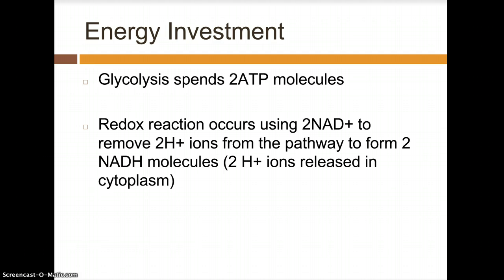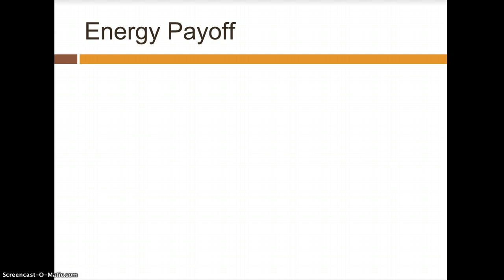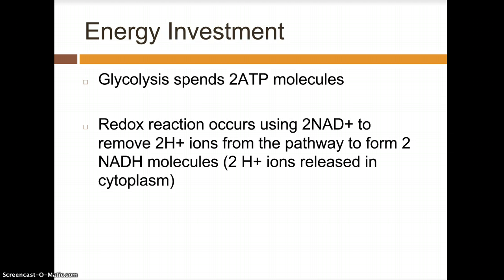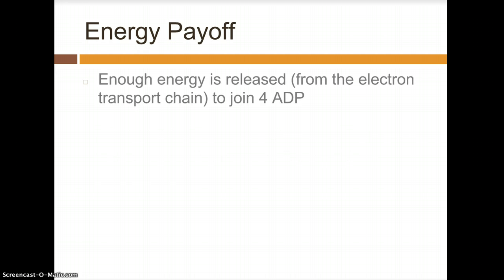This means that 2 hydrogen ions are released into the cytoplasm. In terms of this slide, all I really want you to know is that we have 2 ATP spent as well as 2 NAD positive removing hydrogen ions to form NADH.